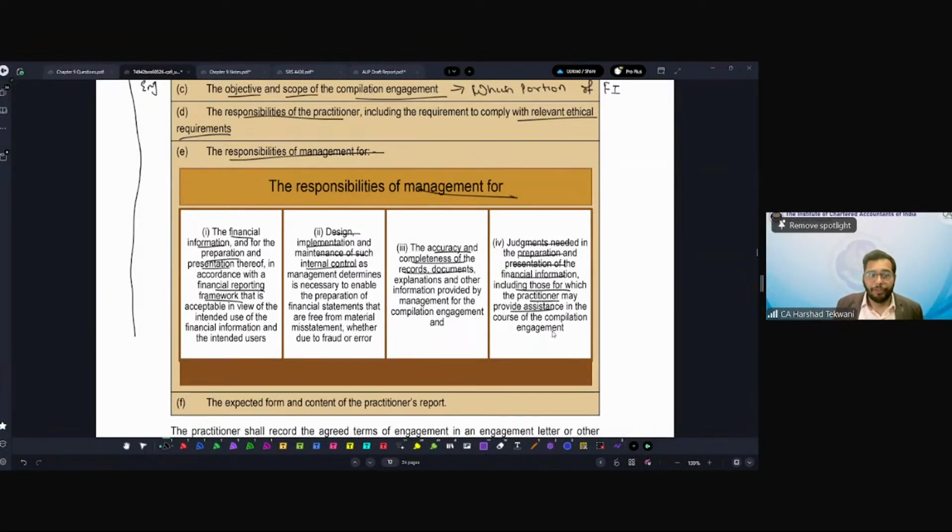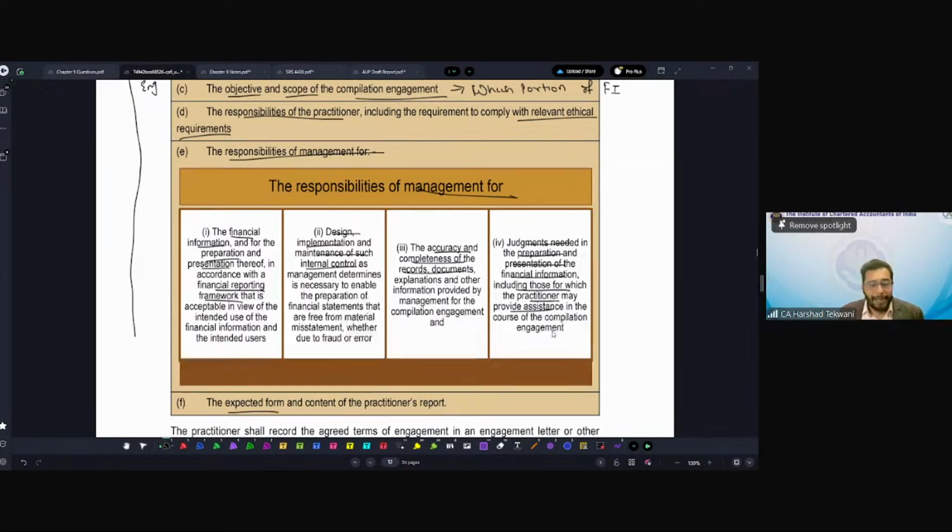Primarily, they are responsible. Even though we are assisting them, at the end, management has to verify, or apply the judgment before accepting or using the information that we are providing. We may provide assistance, but at the end, management will be responsible for that.